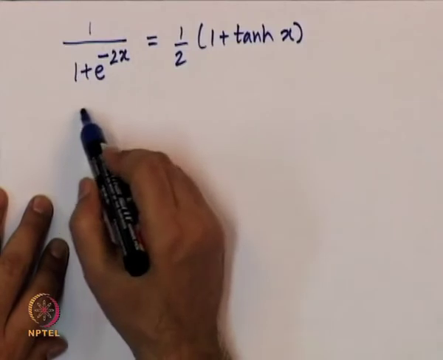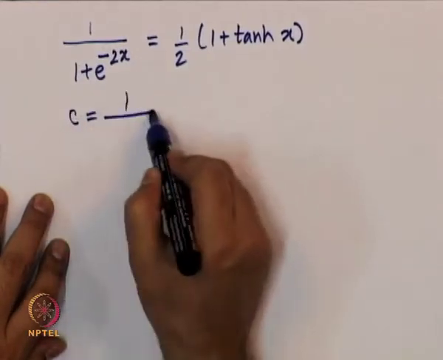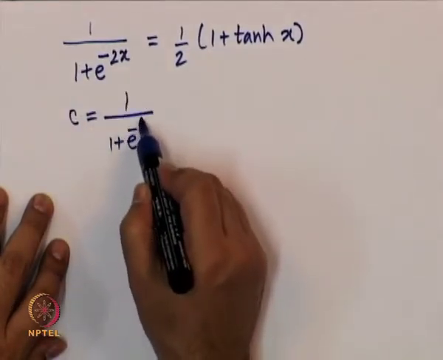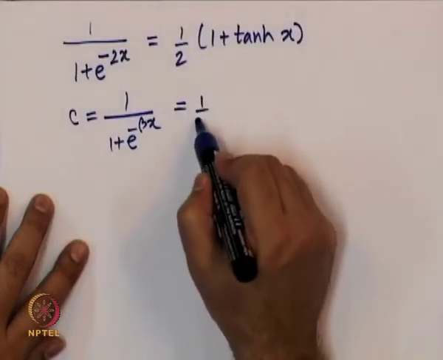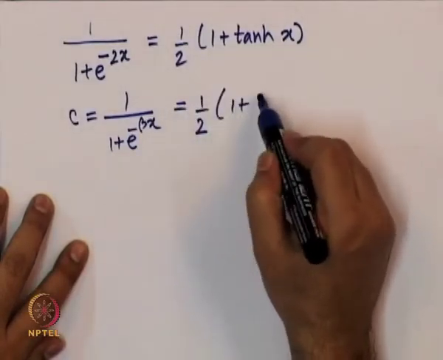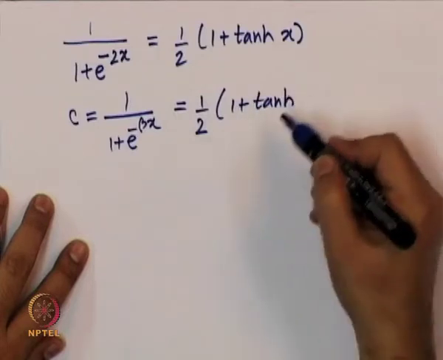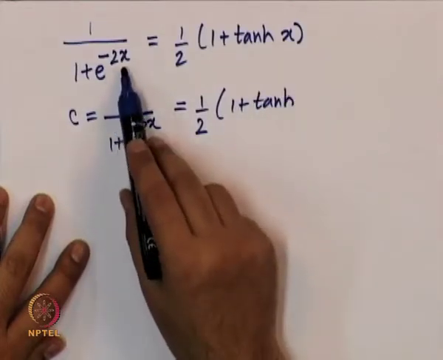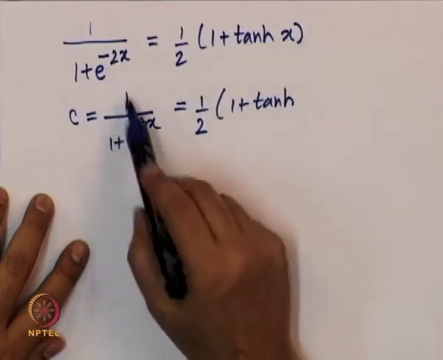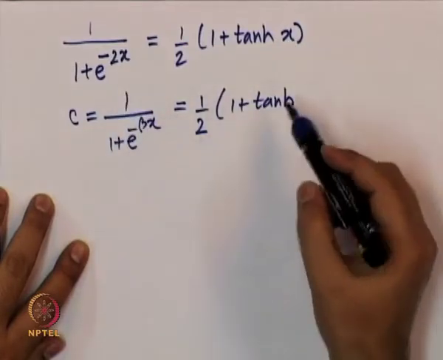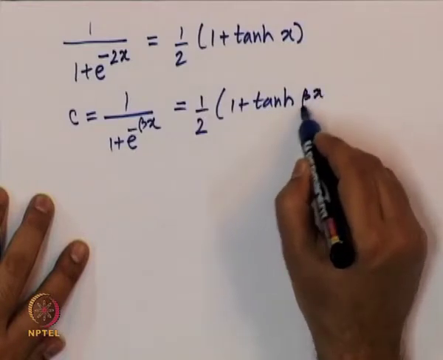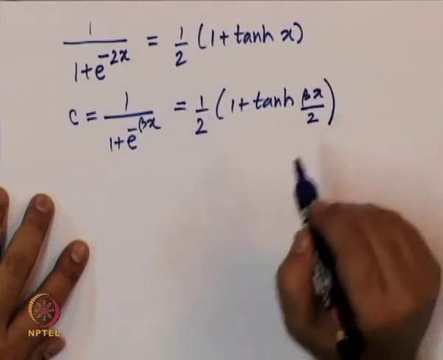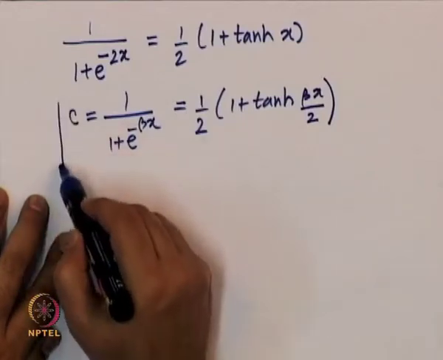The solution that we have, c is equal to 1 by 1 plus e power minus beta x, which can be written as half 1 plus tan hyperbolic, because if it is 2x it is x. So, if it is some x it is x by 2. So, we get beta x by 2 is the solution.